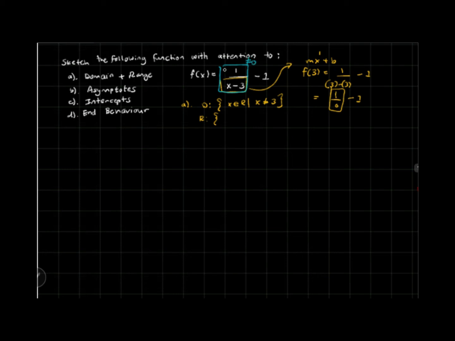Because this portion here cannot equal 0, 0 minus 1 doesn't happen. So we can say that y belongs to the set of all real numbers, but y cannot equal negative 1, right? So if you're looking at a reciprocal of a linear function, you can always note that the negative 1 here will be the value of the restriction on the y.